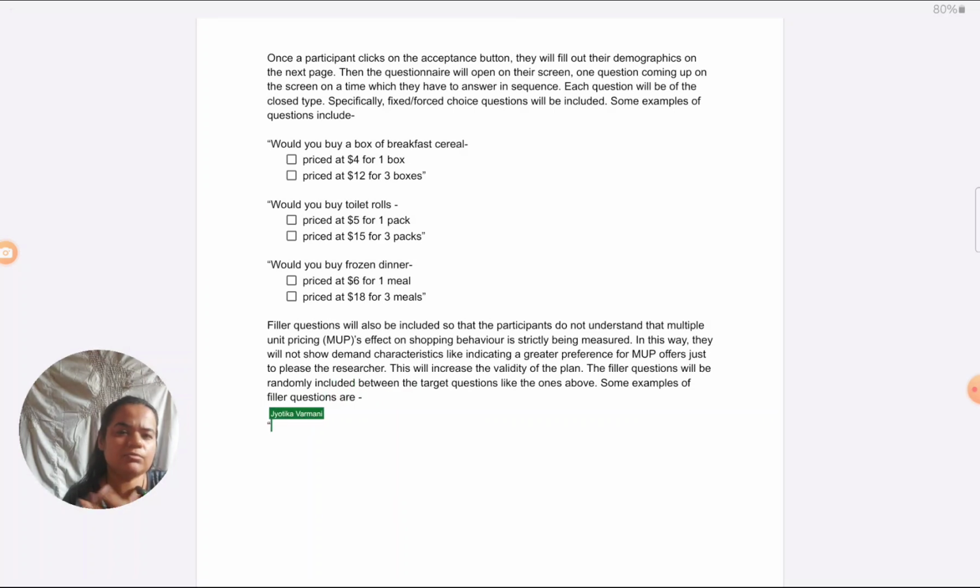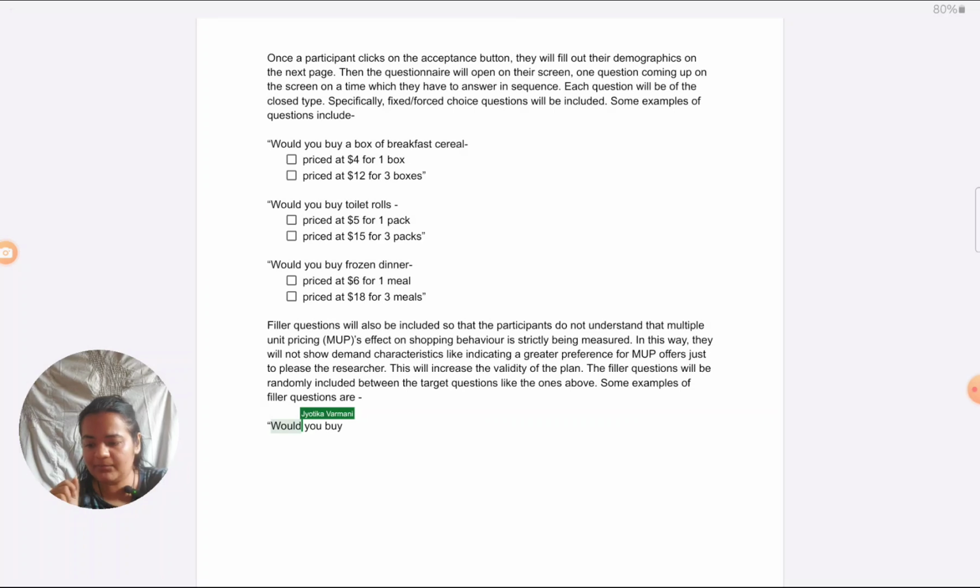So I would like to include something from quantity limits, which was done in the Vansing study. So say, would you buy a pack of sweets? Okay.